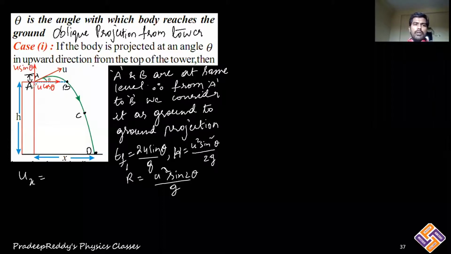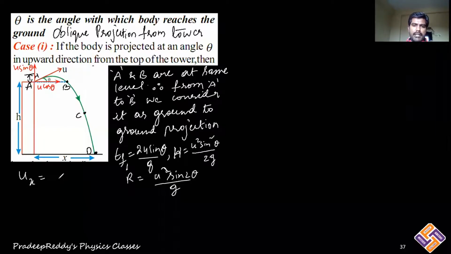Now you are taking theta because when the initial velocity is projected, it is making some angle with the horizontal. In the previous case, we did not resolve it because it is not making any angle with the horizontal, so theta becomes 0. But now theta is not equal to 0, so I am resolving those components.